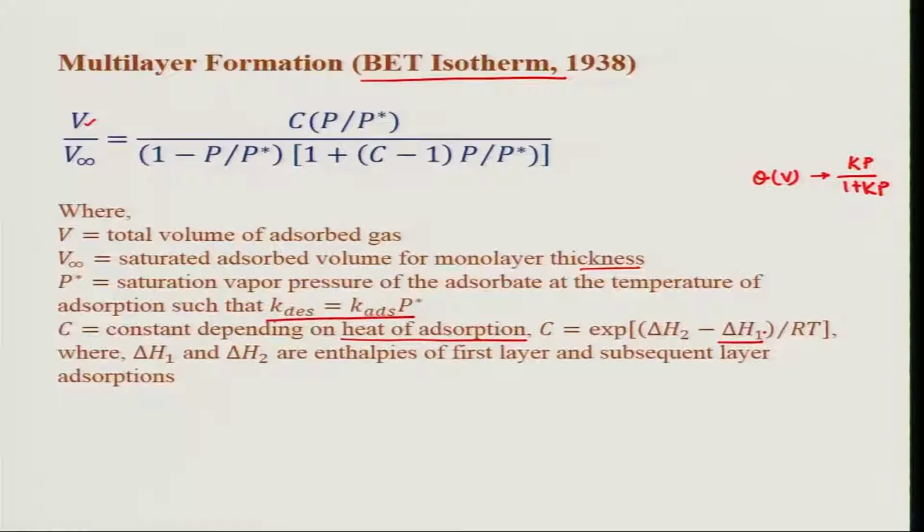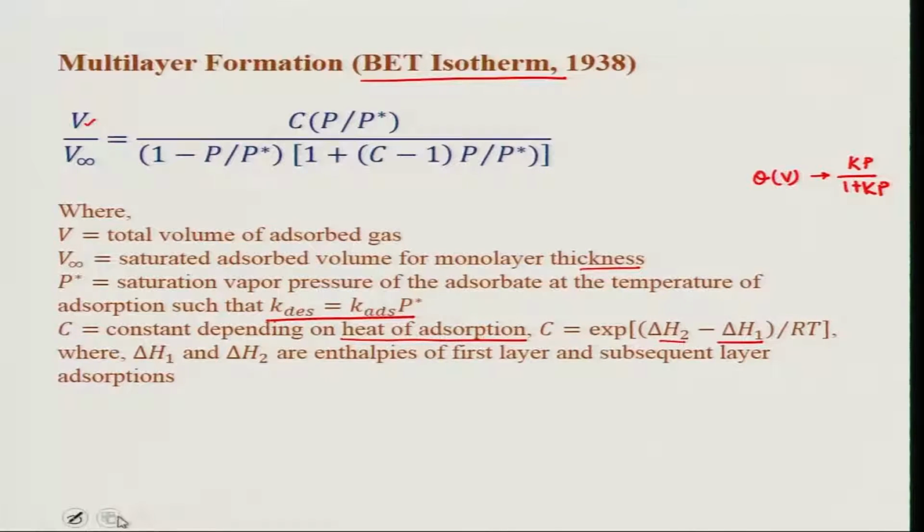H1 stands for the first monolayer, and H2 is for the second or subsequent monolayers, because these two energies are different: the first monolayer is adsorbed onto the surface, and the second or third monolayers are adsorbed onto the same material.